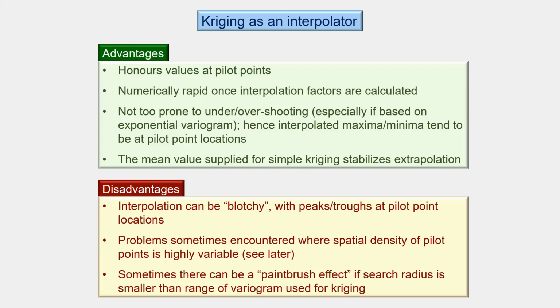This can happen if your search radius used in pilot point interpolation is not considerably larger than the range of the variogram on which pilot point interpolation is based. That way, as pilot points move in and out of the search radius, there can be artificial discontinuities in the interpolated parameter field.